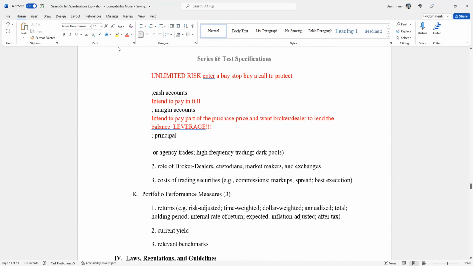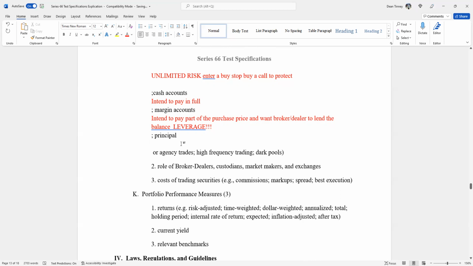When we do principal trades, those are also known as dealer trades. And in the confirmation, we're always going to tell you this is called capacity. So I said, well, when you open an account at Goldman Sachs, we're a broker dealer. And in some transactions, Goldman Sachs will be acting in its dealer principal capacity.